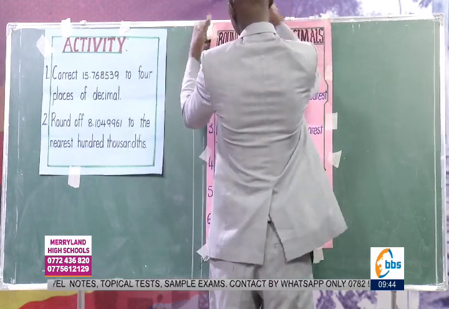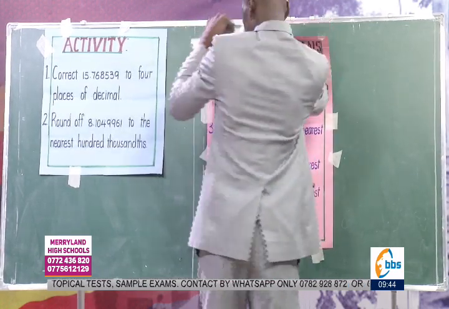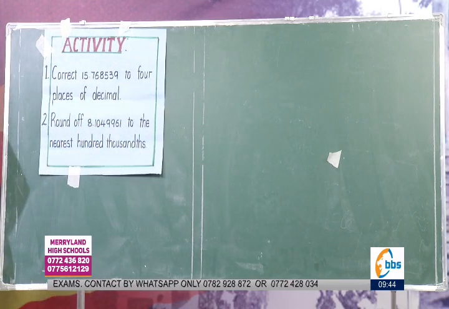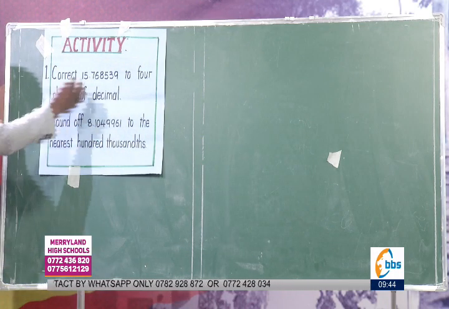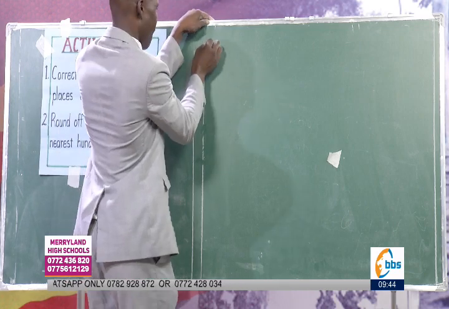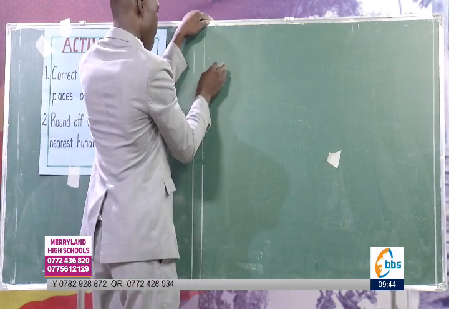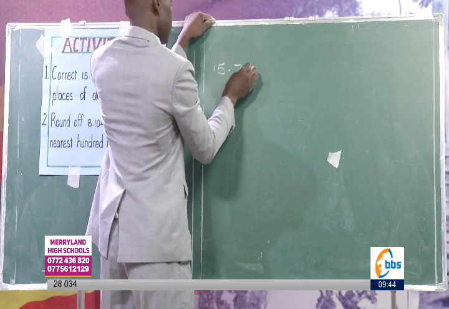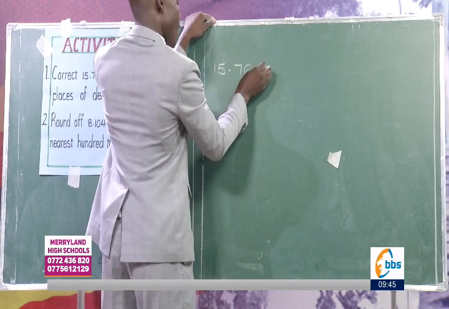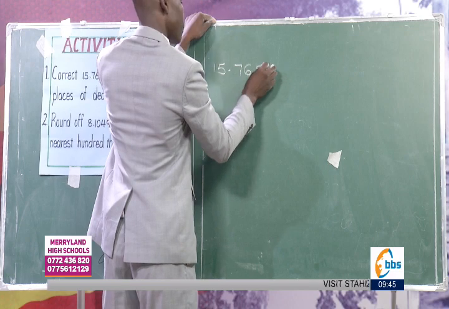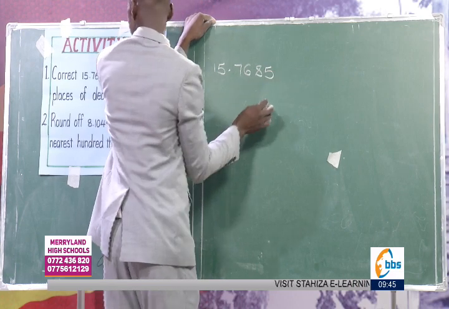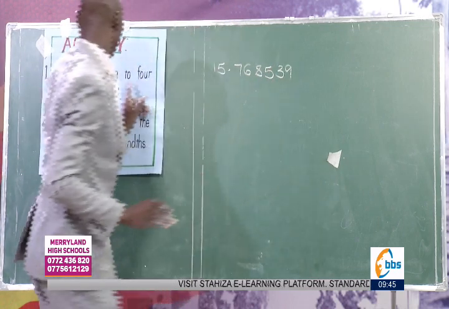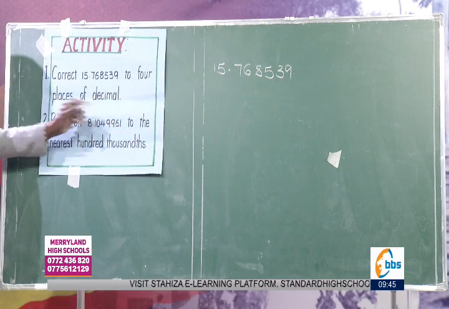Let's look at it faster. Our question is correct 15.7685539 to 4 places of decimal.